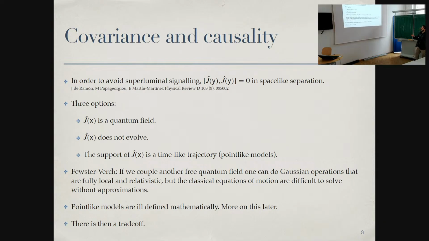So in this little work that we have with Maria and with Eduardo Martinez from the University of Waterloo back in the day, what we saw is that imposing, at the level of the currents associated with the detectors, that these also satisfy the macrocausality condition, that is, that they commute in space-like separation, is a necessary and sufficient condition for the predictions of the model at the level of perturbation theory to not incur superluminal signaling and violations of causality.